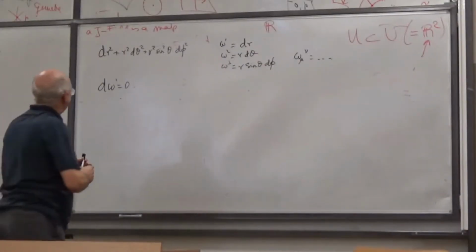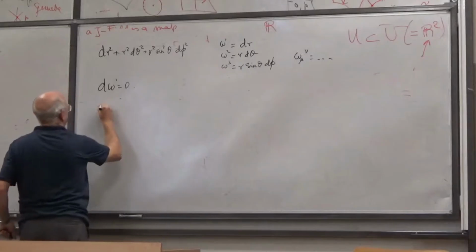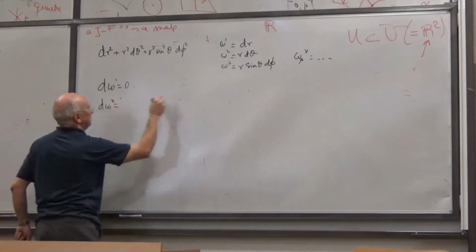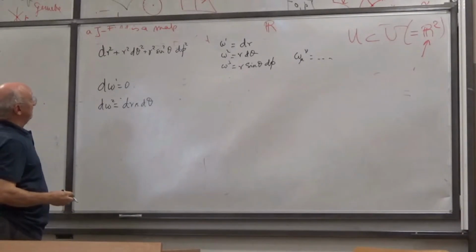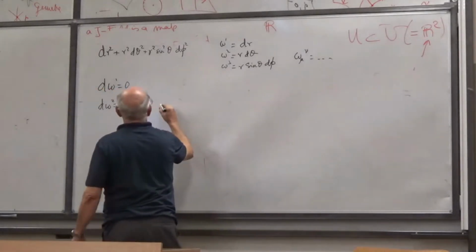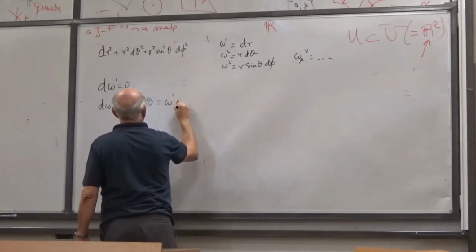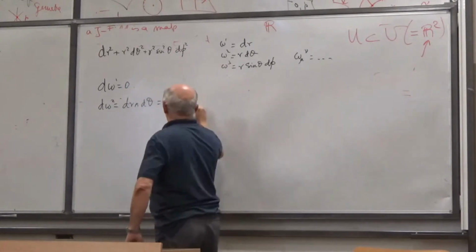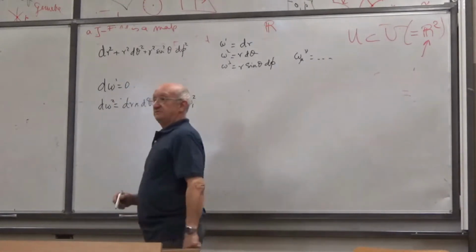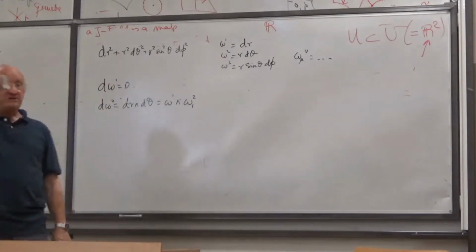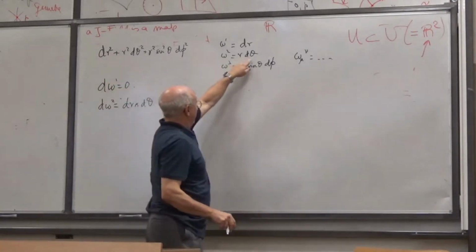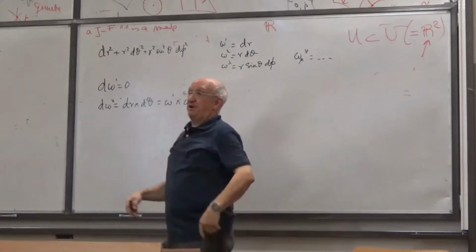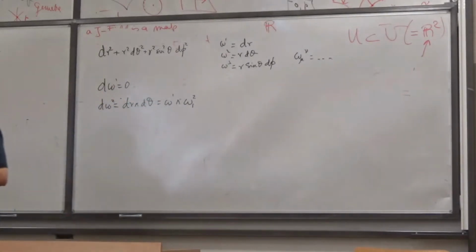Okay, the omega 2. The omega 2 is r d theta. But we know that dr is omega 1. So if I use omega 1, I'm going to use omega 2. And you're going to ask me, why didn't you choose d theta? Okay, relate that omega 2 divided by r. I can do it, of course.